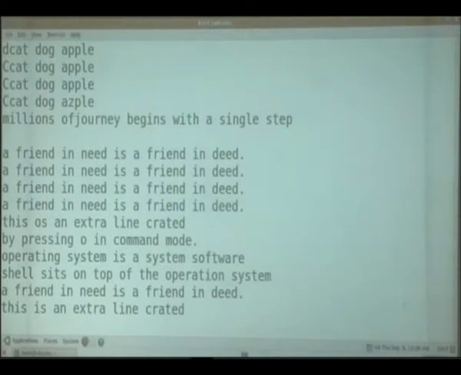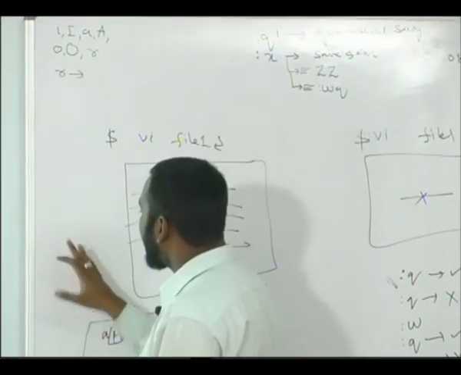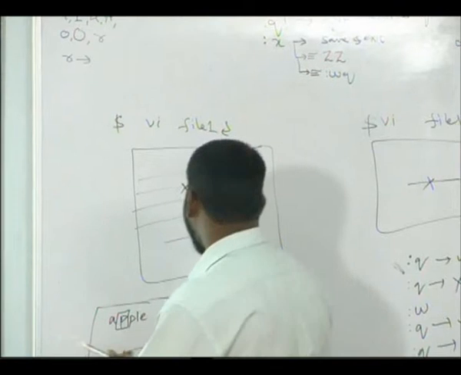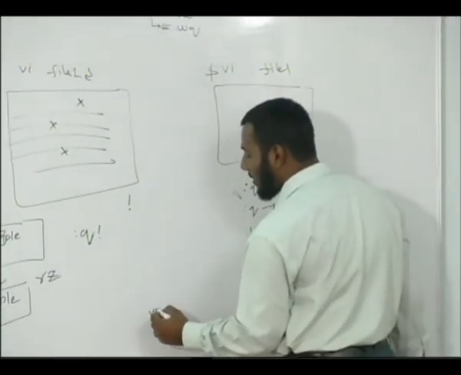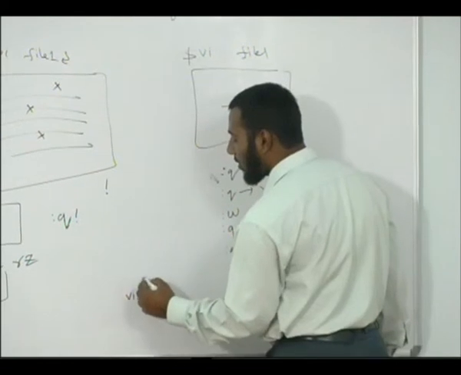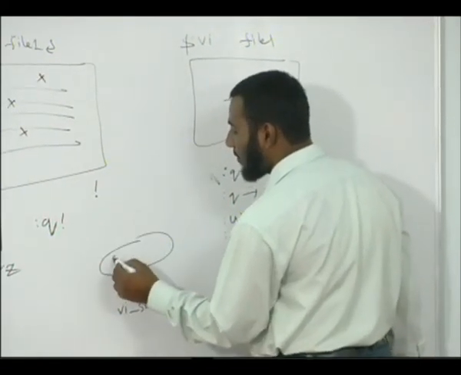The difference between this r and o is o will take you from command mode to the insert mode. I would like to show the transition like this. From the vi editor or from the shell, you are moving to command mode in the vi environment by default.